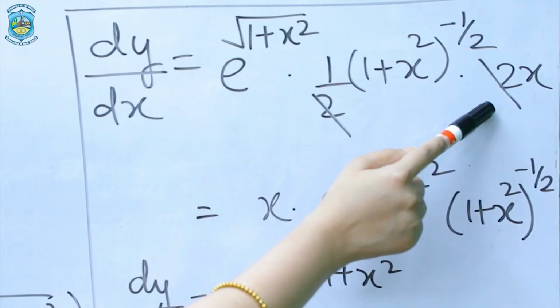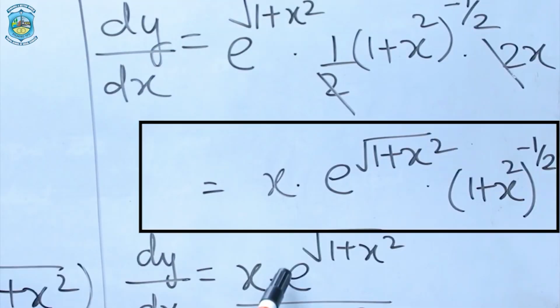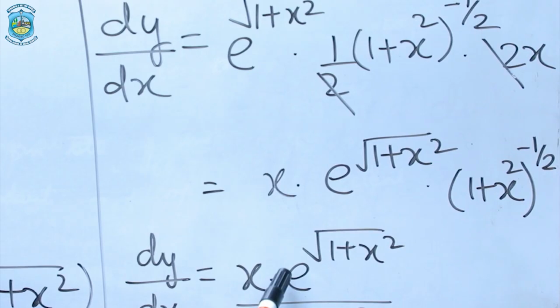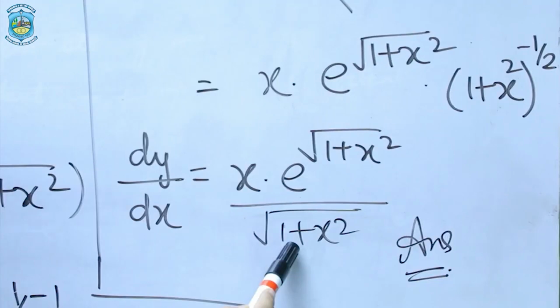Now this 2 is coming in the numerator as well as in the denominator, so that will get cancelled. So finally we are getting dy by dx is equal to x into e raised to the power square root of 1 plus x square multiplied by 1 plus x square raised to the power minus 1 by 2. We will shift the negative sign to the denominator and we will get square root of 1 plus x square.